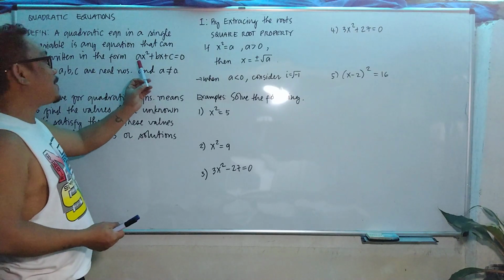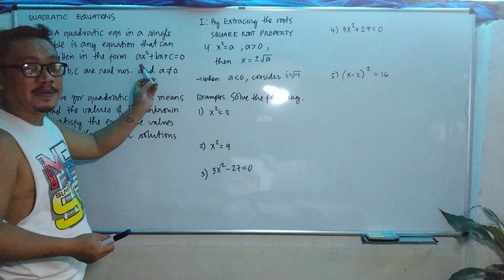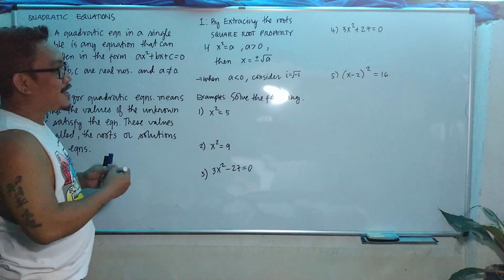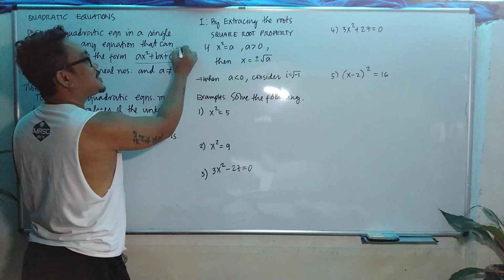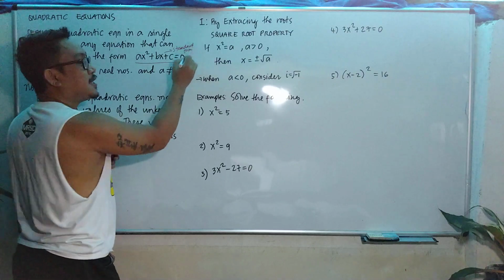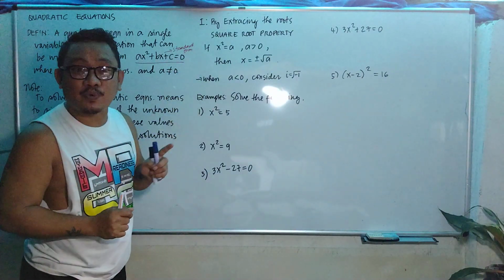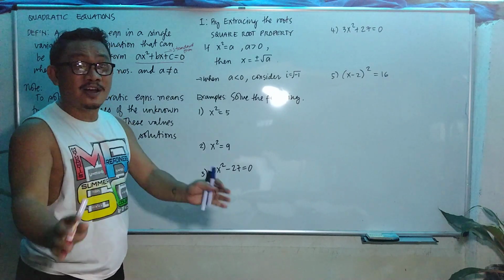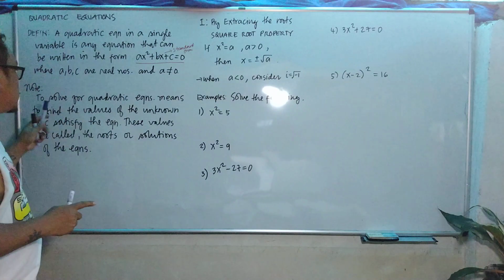In other words, dapat daw si a, b, and c are real numbers and a here must not be equal to 0. And this form of the equation is what we call the standard form. Standard form siya, class, if the right side of the equation is equal to 0. Klaro? Okay.